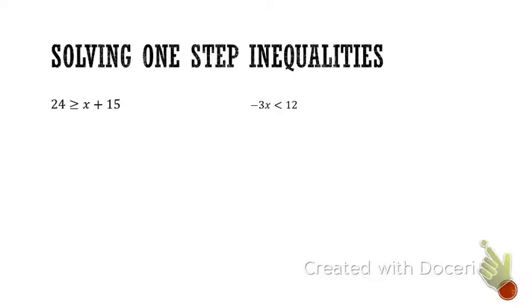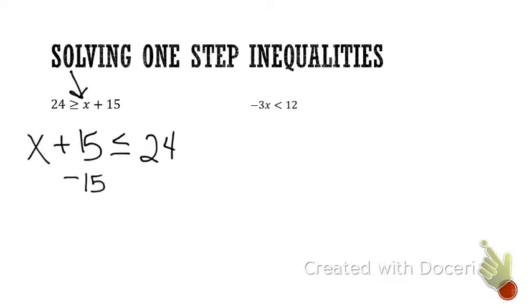We don't like our symbol to come after the inequality because it makes it difficult to read. So I see that the symbol is closed off towards the x. So when I rewrite it, x plus 15, I need to make sure it's closed off towards the x still, all right, meaning less than. And then I put my 24 on the other side.